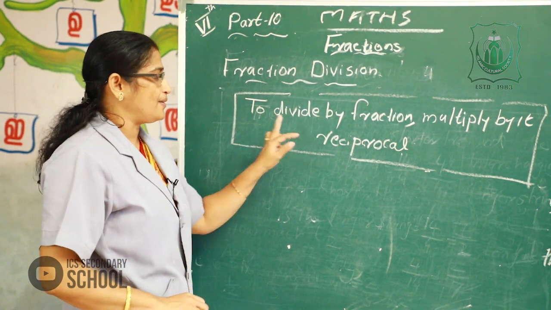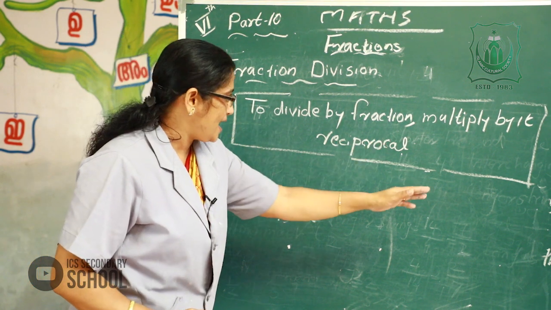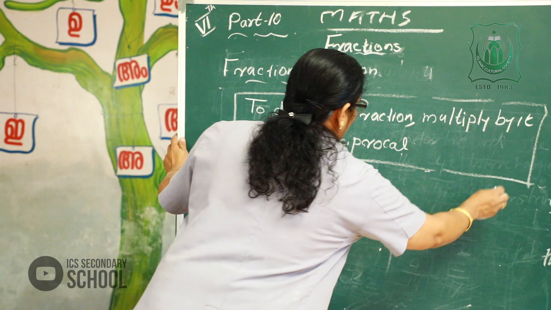Fraction division: to divide by a fraction, multiply by its reciprocal.